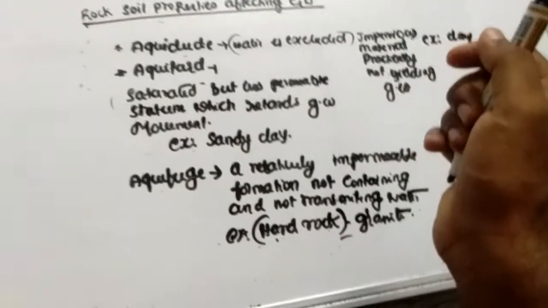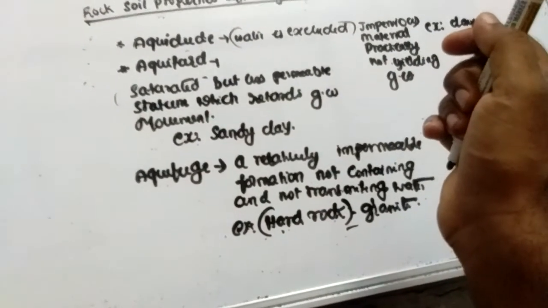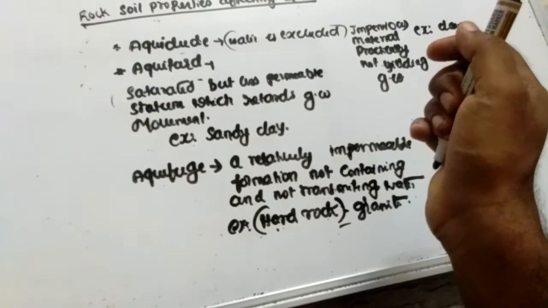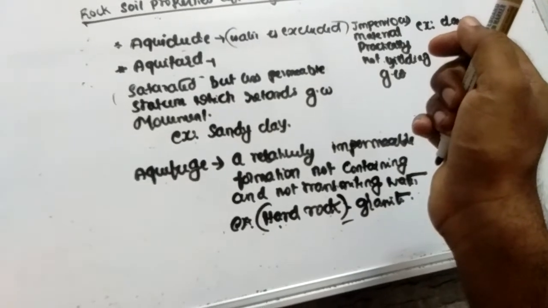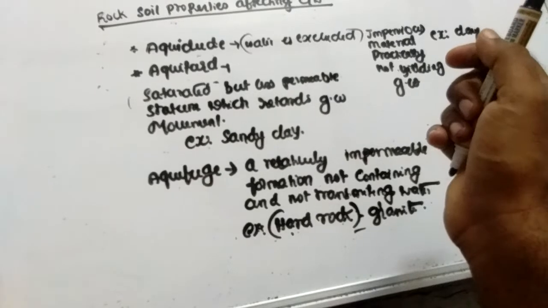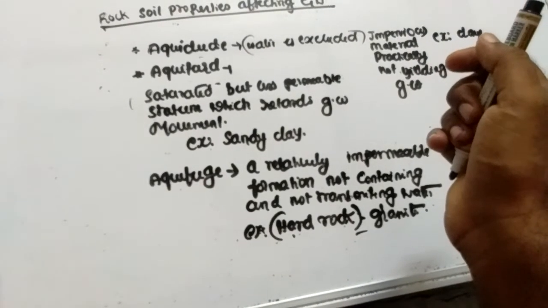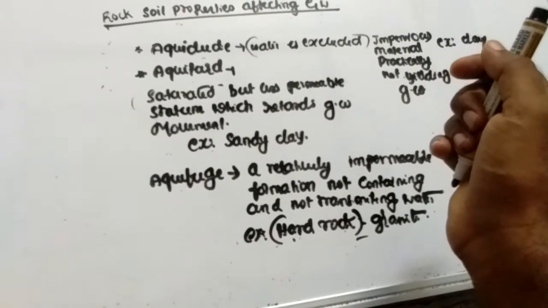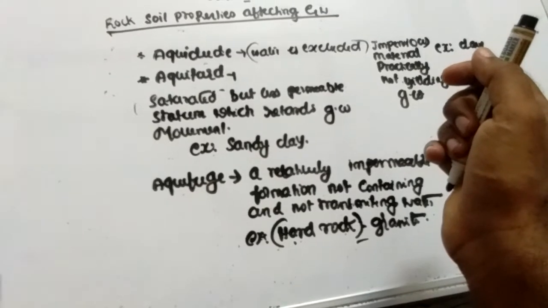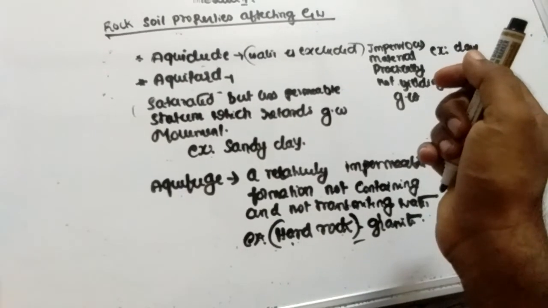Now we learned about aquifer, which is basically a water bearing stratum, interpreted as a groundwater reservoir, followed by the aquitard, which retards groundwater movement.